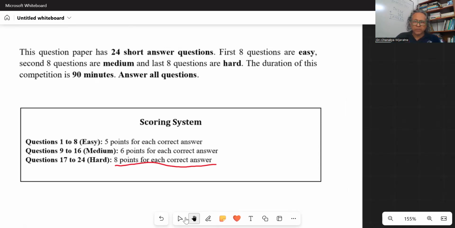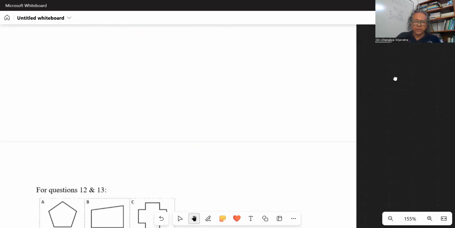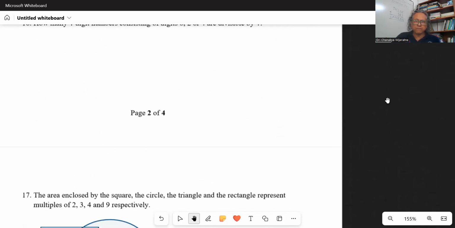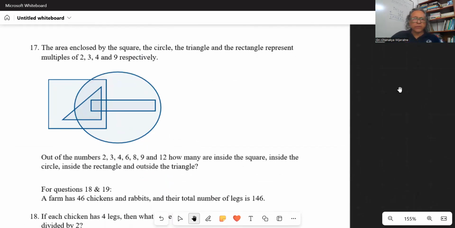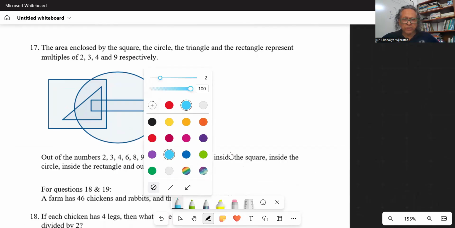So let's look at the first problem, first question. So we look at number 17. The area enclosed by the square, the circle, the triangle, and the rectangle. Let me get my field color, light blue.